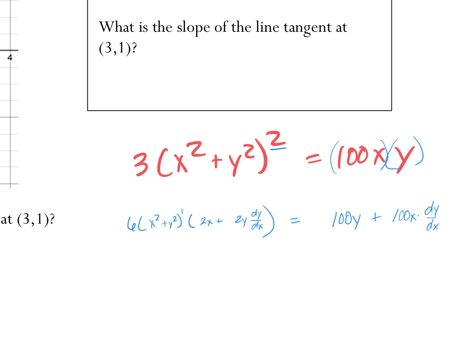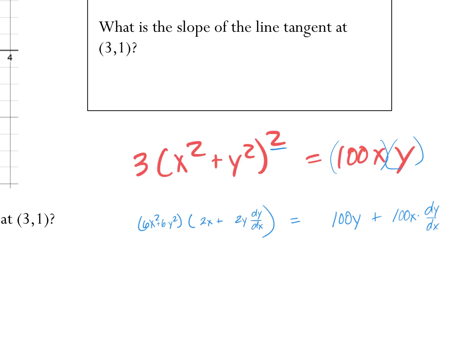Do you guys mind if instead of calling this 6 times (x squared plus y squared), I call it 6x squared plus 6y squared? Like I distribute that 6 in. And since this is to the 1 power, I'm just going to erase that one. While this next part is going to look terrible, it's maybe not as bad as it looks.